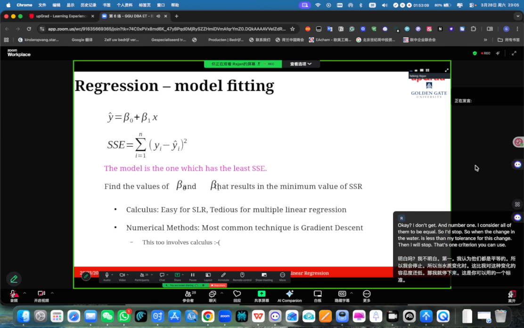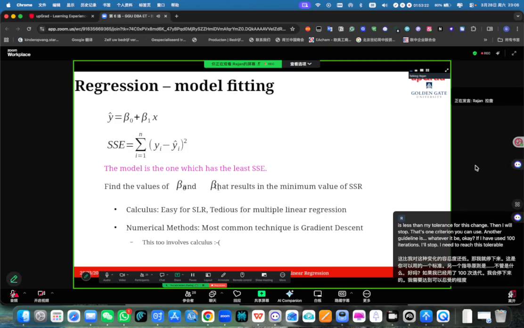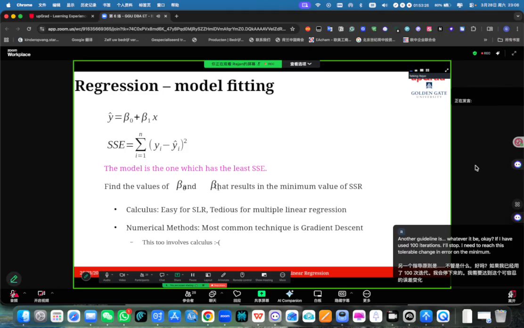Another criterion is, whatever it be, if I have used 100 iterations, I'll stop. I need to reach this tolerable change in error or the minimum within 100 iterations or 1000 iterations, something like that.